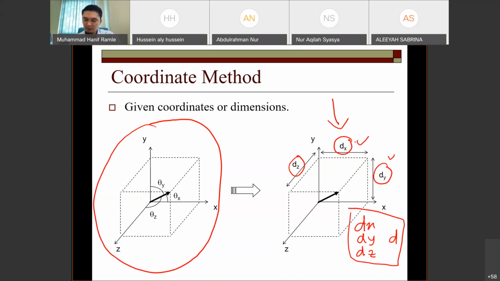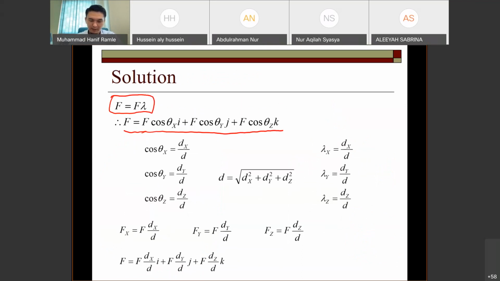So we use this one to get the cos theta, because we don't have any angle, we have to use dx, dy, dz, and also d.